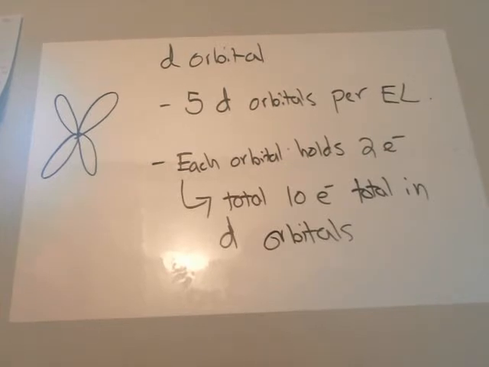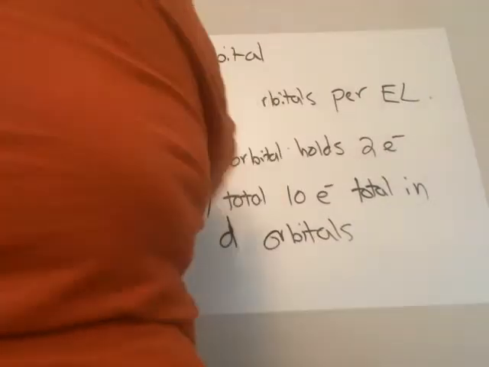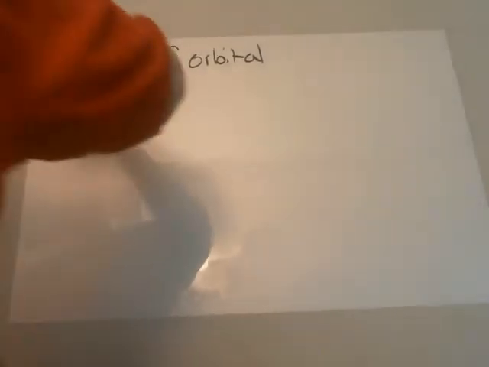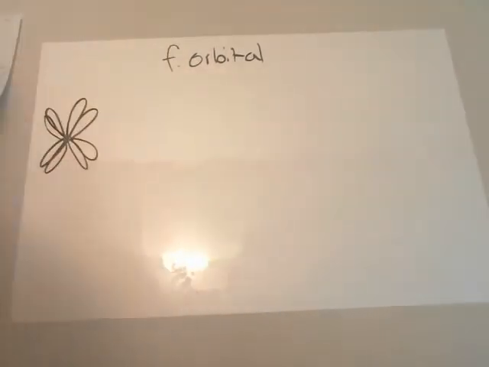And last but certainly not least, are the f orbitals. And these ones are even more complicated. They kind of look like flowers. Once again, I can't draw all of them.